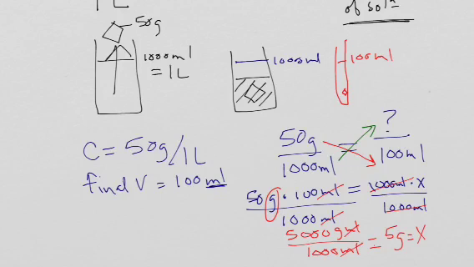They've only basically chopped it off, or they've put 1/10 of both of these substances. Okay, 1/10 of 50 is 5. 1/10 of 1,000 is 100. So that's like saying 50 grams in 1,000 milliliters is the same thing as saying 5 grams in 100 milliliters.